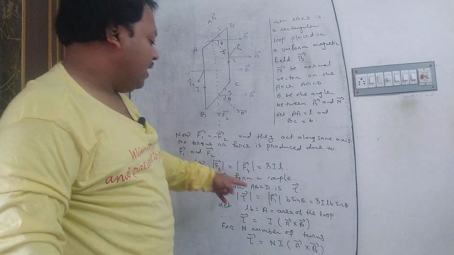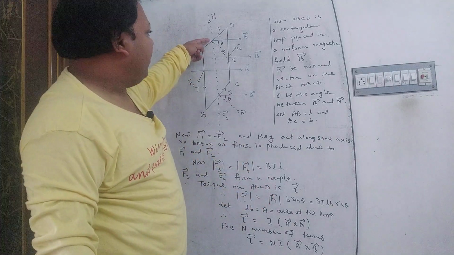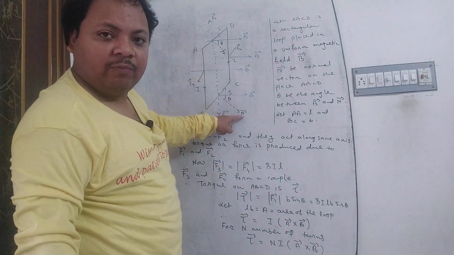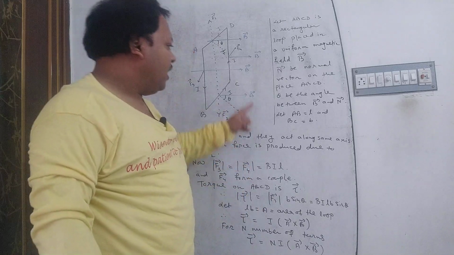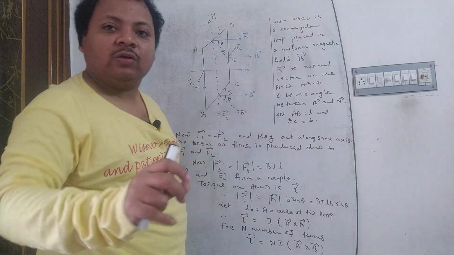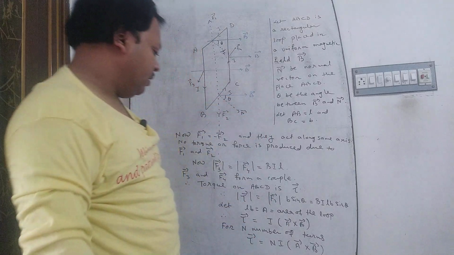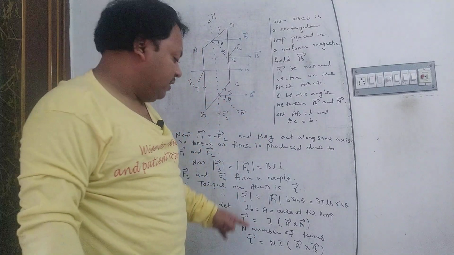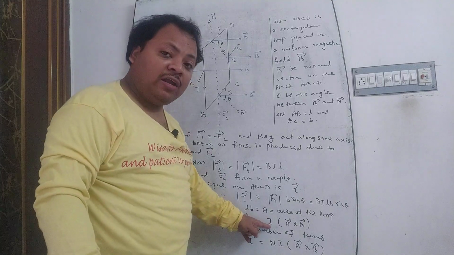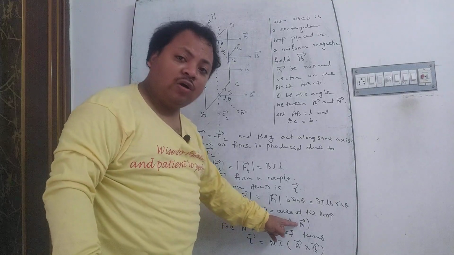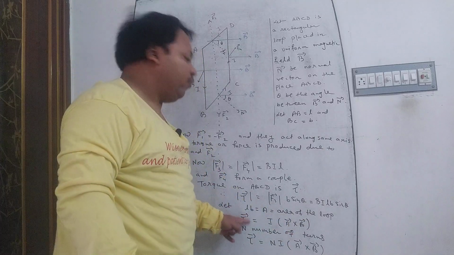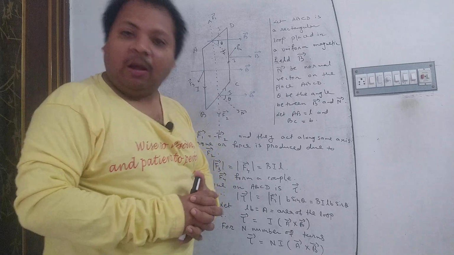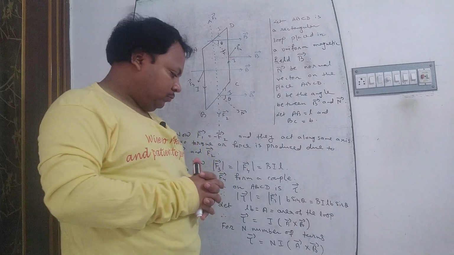That's why the area vector A is parallel to the capital N vector, and the angle between the area vector A and the capital B vector is also theta. So you can write that the tau vector is equal to I times the A vector cross the B vector. This is the vector form of the torque.